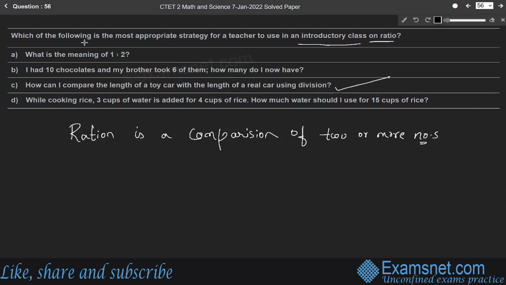So as in the example, the students can compare the length of a toy car with the length of a real car using division. The students get to know how many times the length of a real car is greater compared to the length of a toy car. When they divide both, they get the ratio of both the quantities, which may familiarize them with the ratio topic. Therefore, option C is the right answer.